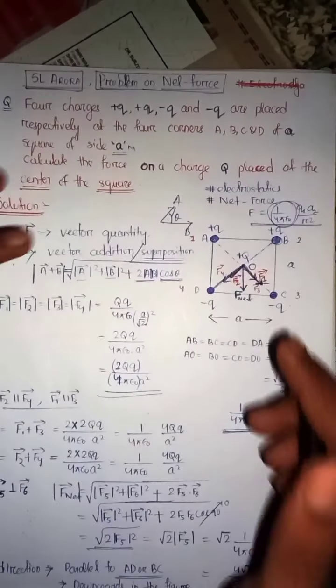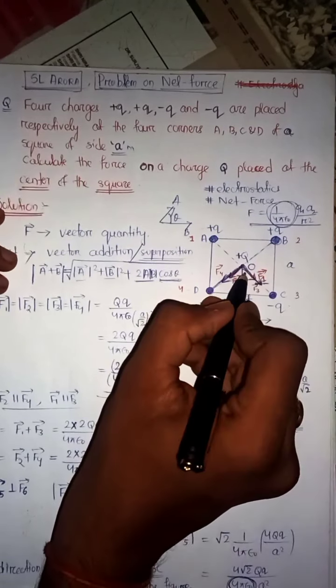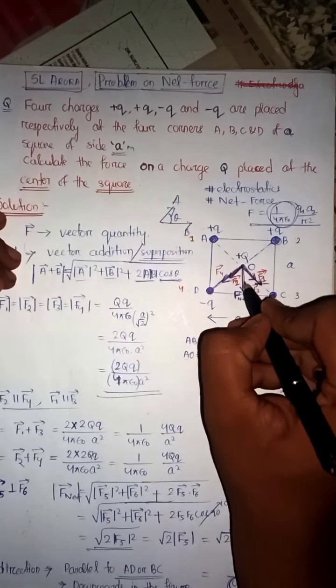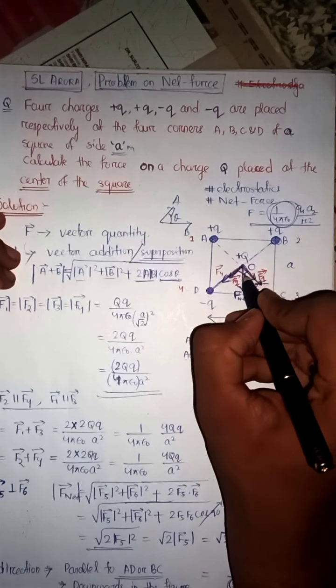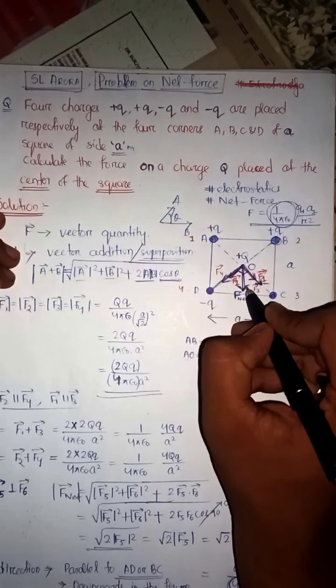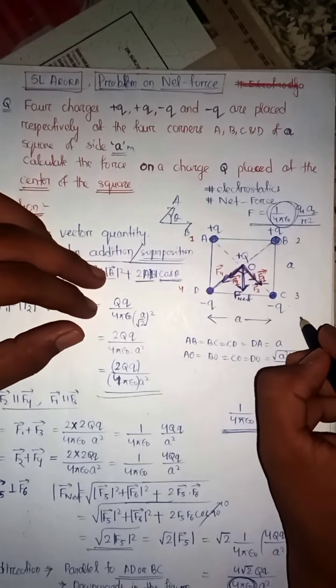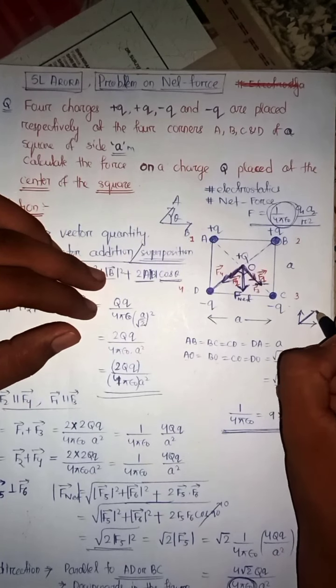Now the direction: the net force of F2 and F4 is in this direction, and F3 and F1 in this direction. The net force will be in this direction. Okay, because they are at an angle of 90 degrees between them, the force will be in between them. If the forces are like that, the net force will be in this direction.